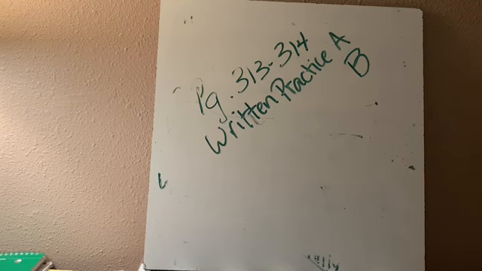They're not going to have direct objects or predicate nouns right now, but you need to be looking for subject, verbs, adjectives, and adverbs, okay? All right, so page 313 to 314, written practice, A and B. Get that finished for today. Continue to work on your history, your science, and your reading for this week. Y'all have a great day.